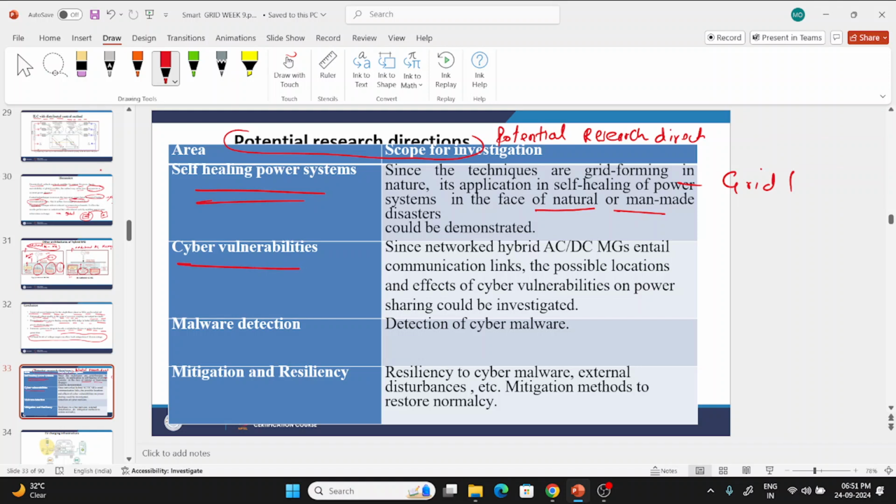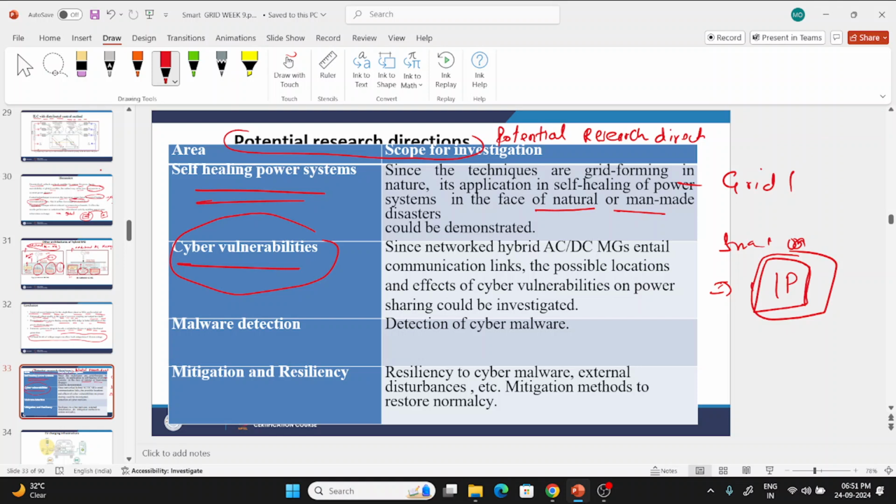There is another, which is a highly researched area nowadays, which is cyber vulnerability. As we know, our systems are connected to the communication protocol, and they are all based on IP. The information flows from one microgrid, one area of power generation, to another area of the power system through the IPs, and it is quite possible that these communication protocols can be compromised.